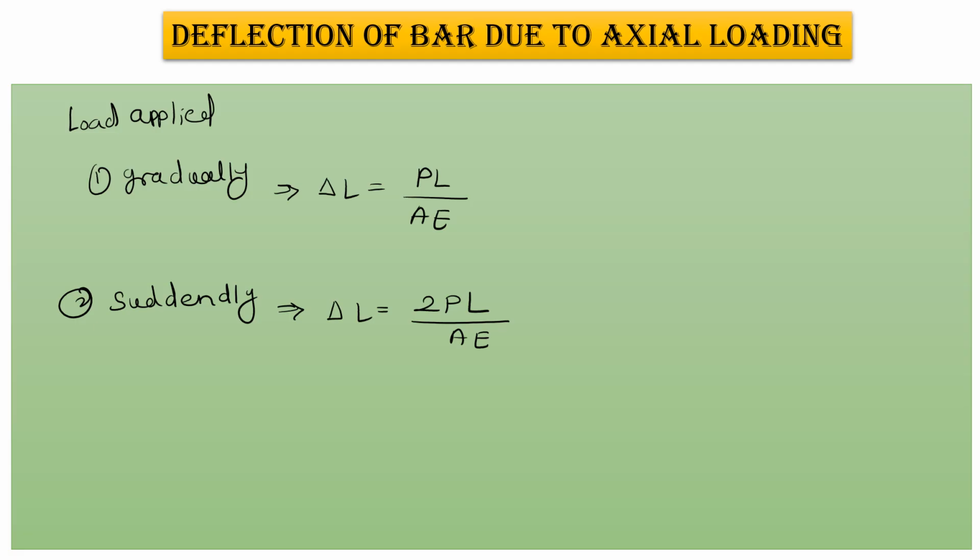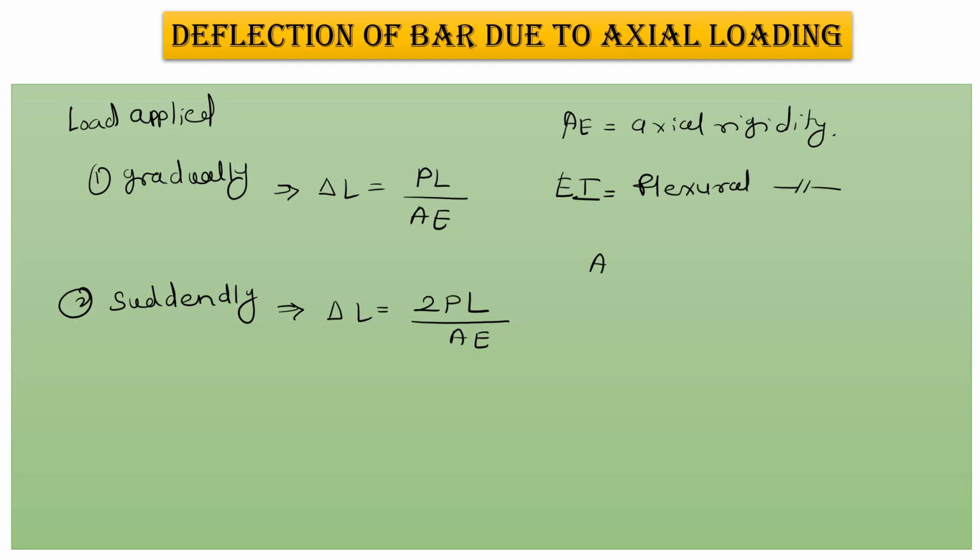But the important point in that case is that AE is nothing but axial rigidity. Same as AE, EI is flexural rigidity.